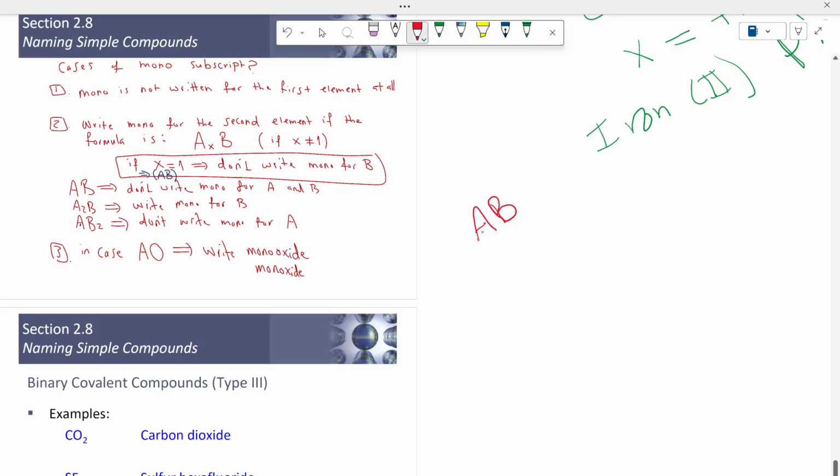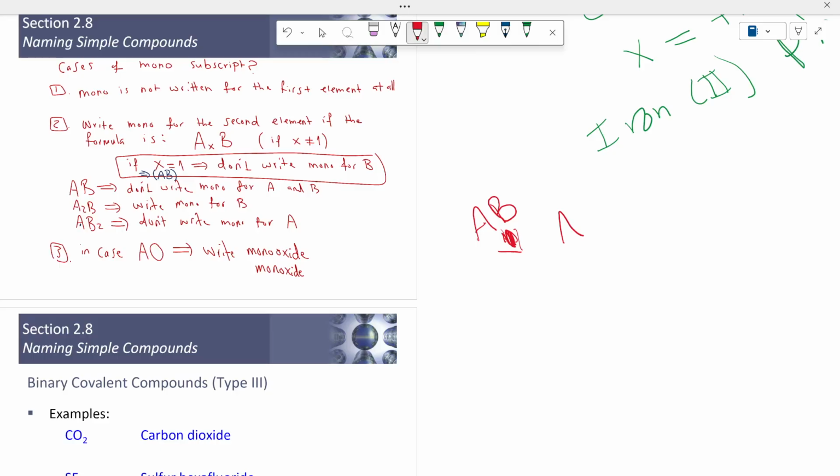So this is A, not mono A. Now the subscript of the second element, which is B, is also 1. If the first and the second are both 1, then we don't write mono for the first or the second.